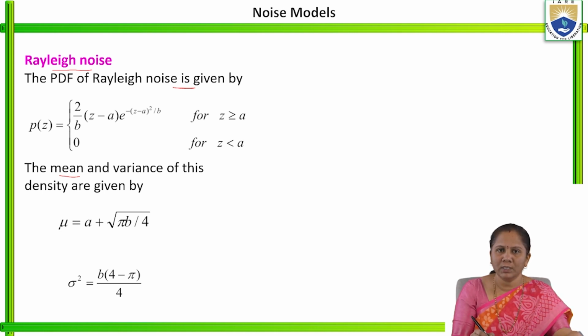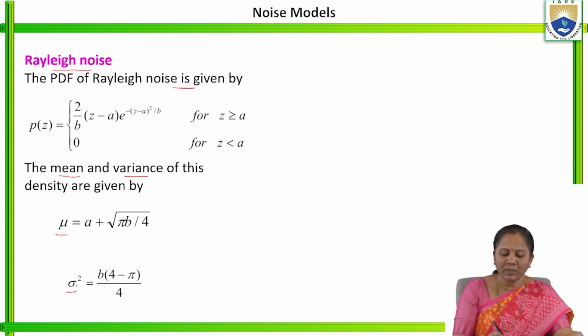In order to find the noise, we have to consider mainly the mean and variance. Mean is represented with mu and variance is represented with sigma square. The mean mu is equal to A plus root (pi B by 4), and the variance sigma square is equal to B into (4 minus pi) by 4.